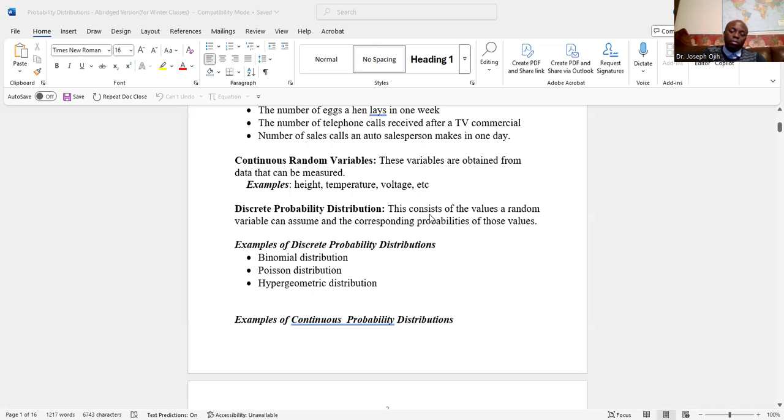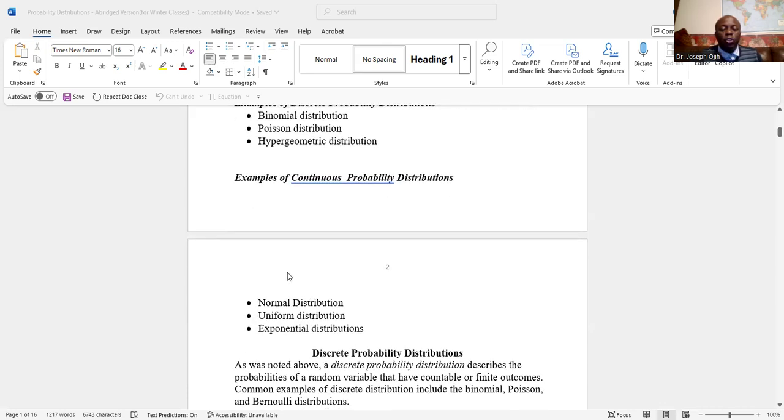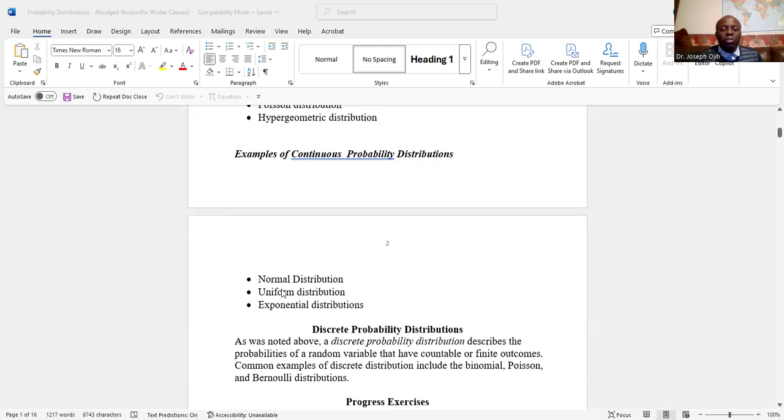We have examples like binomial distribution, Poisson distribution, and hypergeometric distribution. For continuous probability distribution, we have normal distribution, uniform distribution, and exponential distribution.